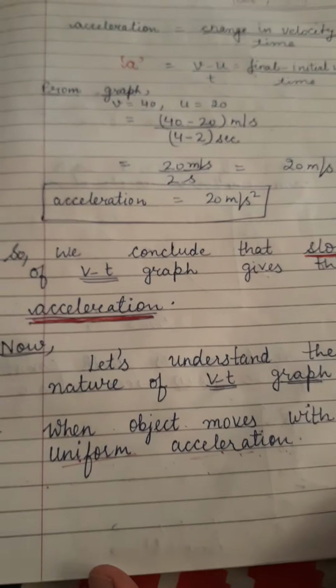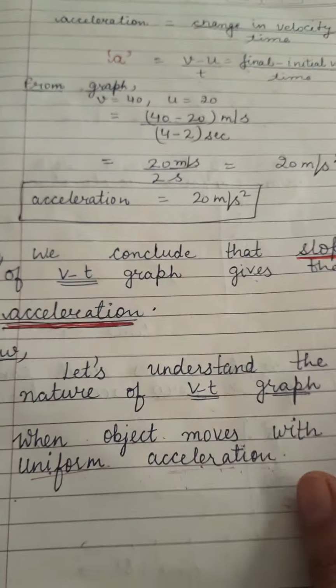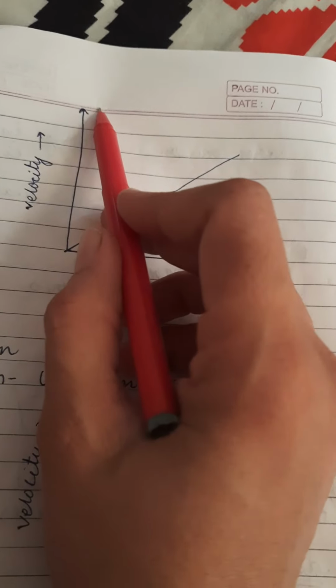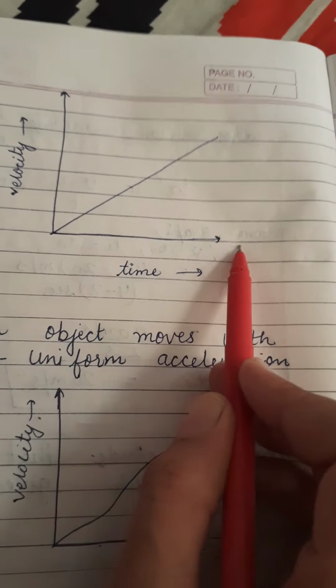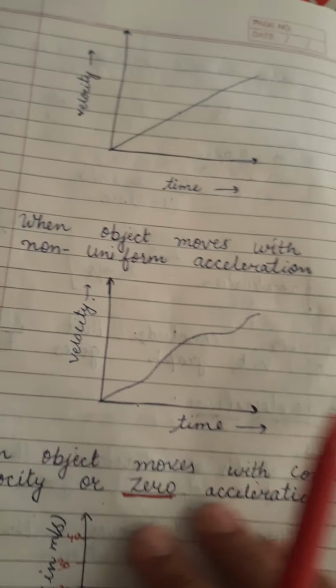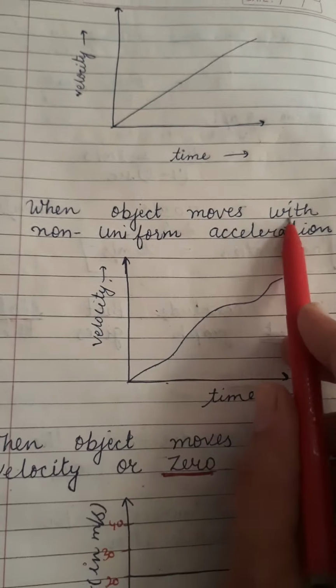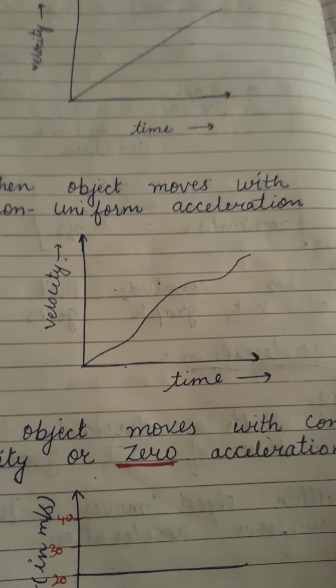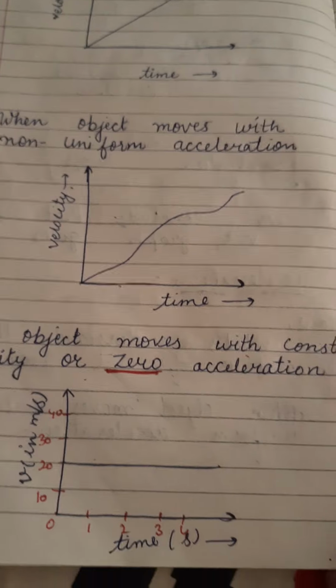That's why instead of speed we have used the word acceleration. The first case is when the object is moving with uniform acceleration, then it will be a straight line. And next, when the object moves with non-uniform acceleration, then it will be a curved line, similar to distance time graph we have done yesterday.